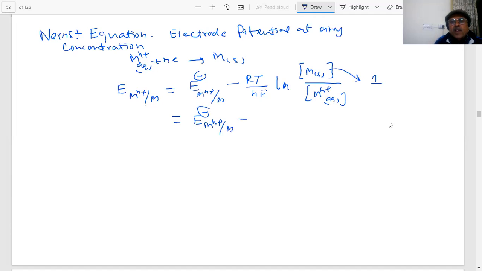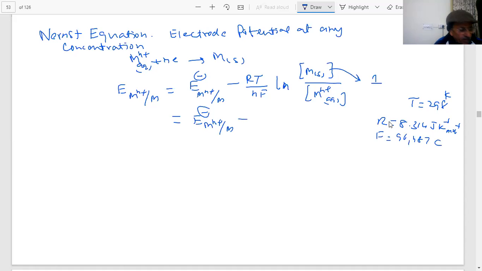Minus R is the gas constant, T is the temperature, 298 Kelvin. These values are fixed, students, and R is our gas constant. The gas constant here is taken in joules because energy is involved, 8.314 joule per Kelvin per mole. R is constant, T is constant, F is Faraday, which is equal to 96487 coulomb.